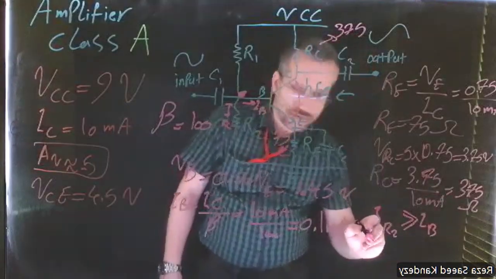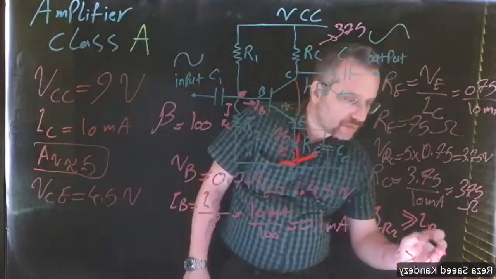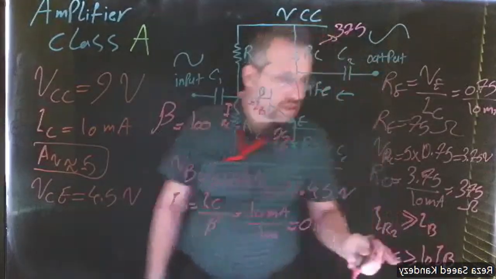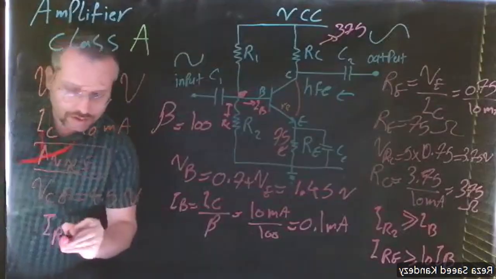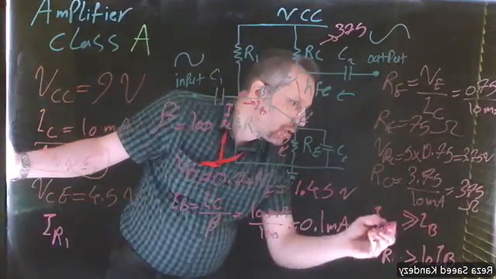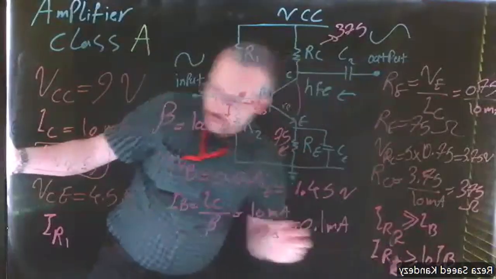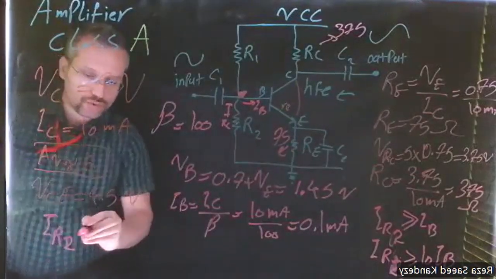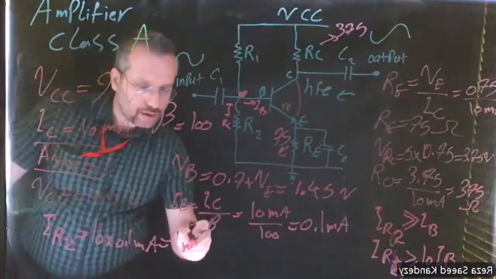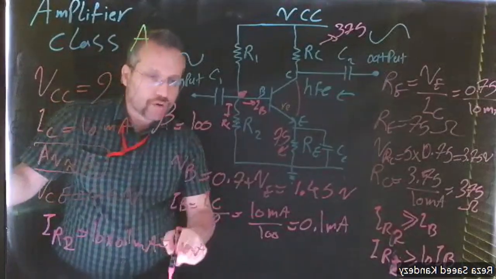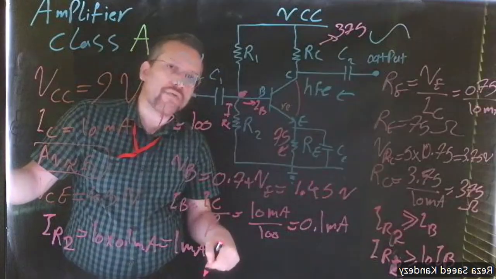The rule of thumb is that we want IR2 to be at least 10 times IB. So our desired current of R2 is 10 times 0.1 milliamp, which is 1 milliamp. This is 1 milliamp, and the voltage across it is 1.45.